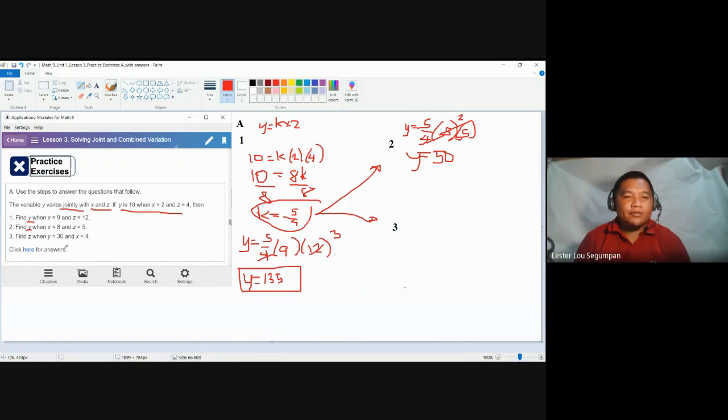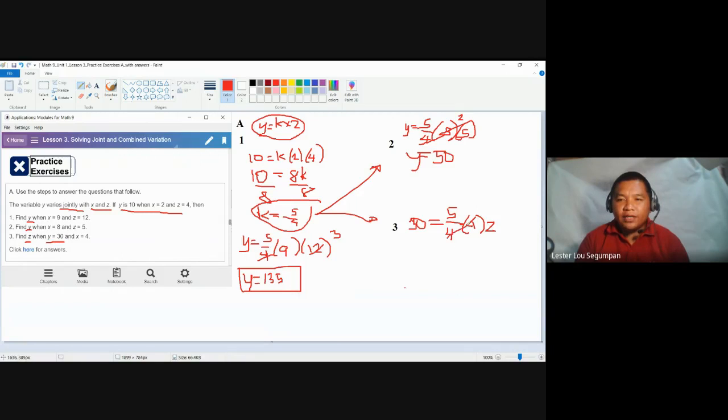In number 3, y is not anymore unknown. We already have the y value here. What we don't know is the value of z. So to solve for this, you are still going to use the same formula or mathematical equation. Y, 30, is equal to your k, which is still 5/4, times x, which is 4, and then you have your z.